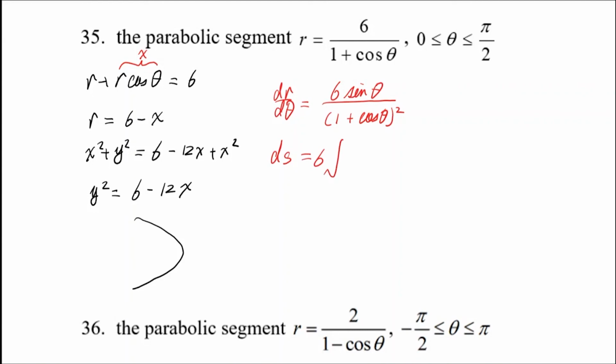You see that? Okay, then we'll have 1 over (1 plus cosine θ) squared plus this one. So we'll have sine squared θ over (1 plus cosine θ) to the 4th power.